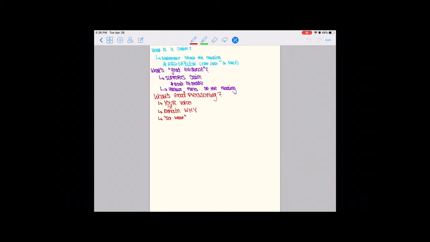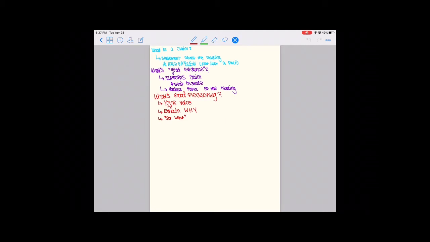Good reasoning has your voice, obviously. And what this means is that you don't necessarily have to use large words or complex phrases in order to show your argument or show your claim. Using your voice means you're using words that you know and understand.